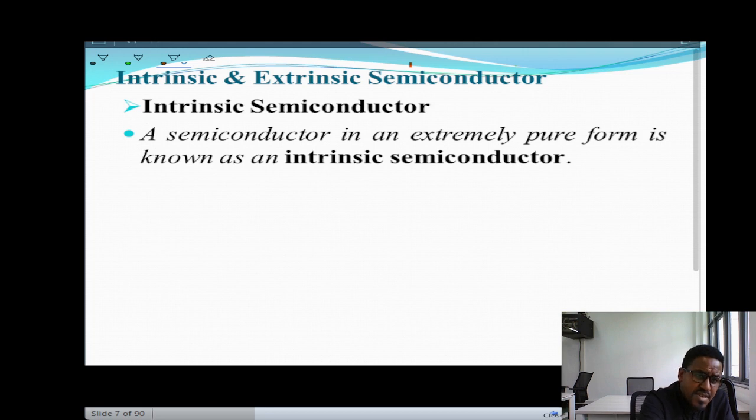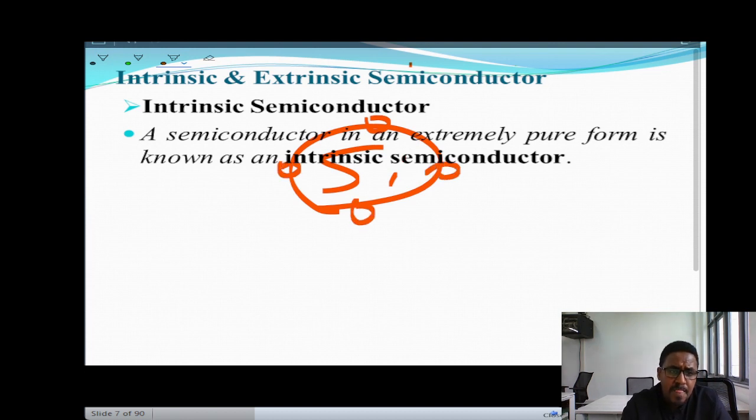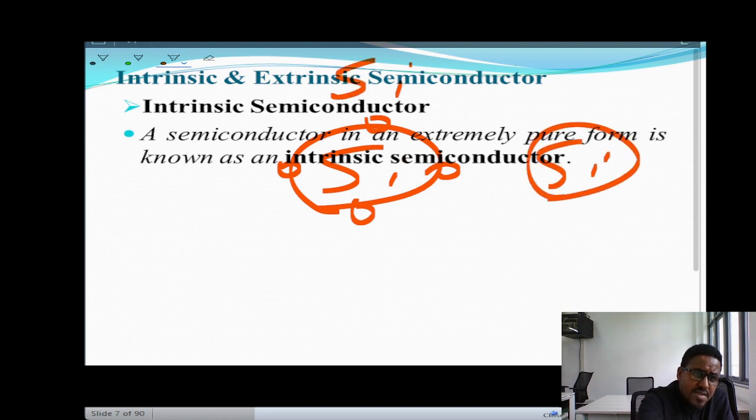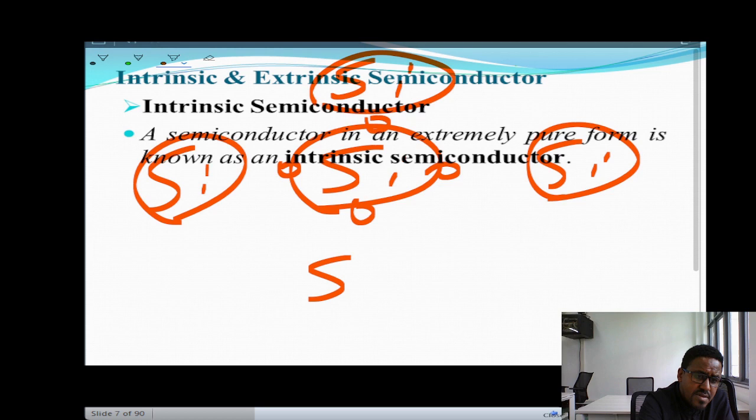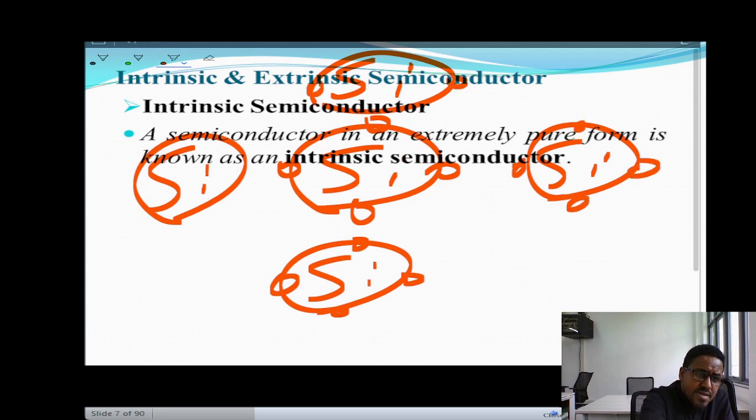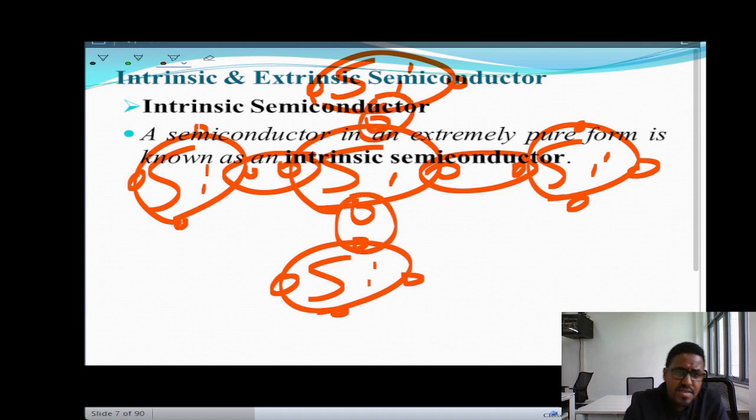What does that mean? In an intrinsic semiconductor, silicon with 4 valence electrons bonds with another silicon with 4 valence electrons. Each outer electron can be attached to the other. This attachment we call a covalent bond.